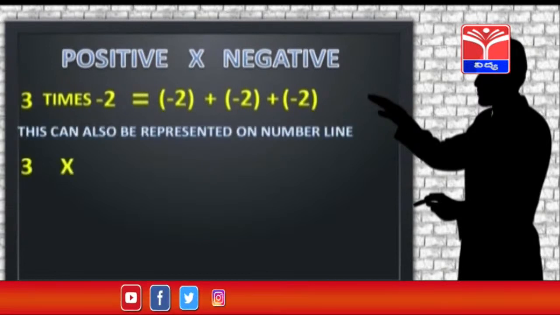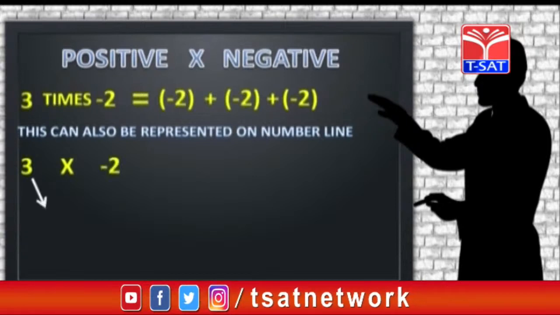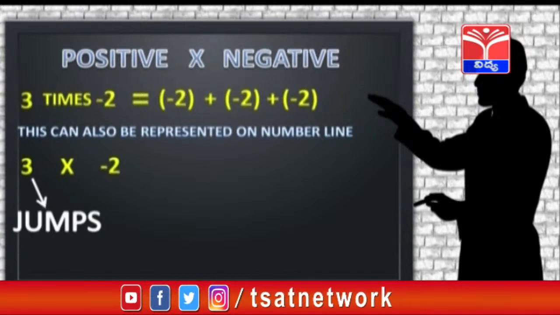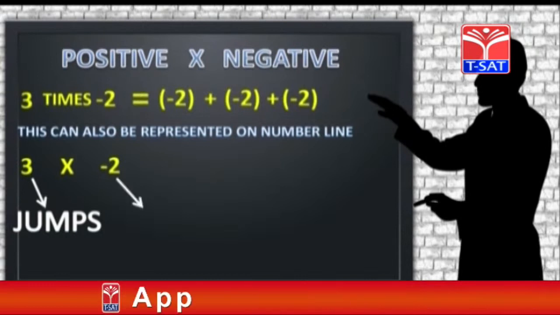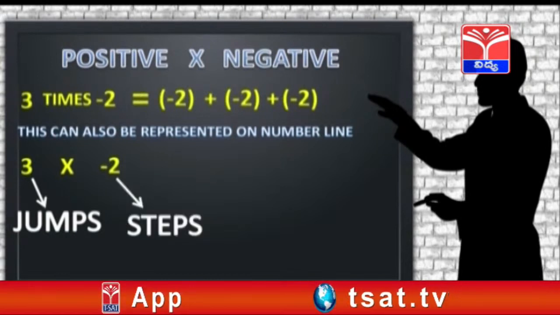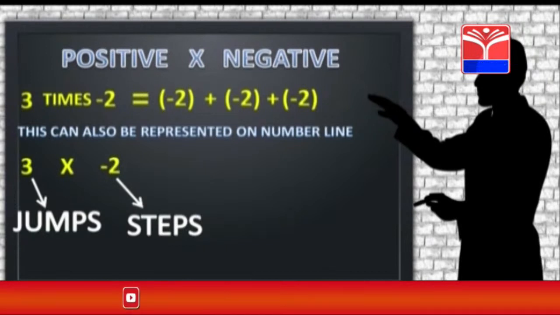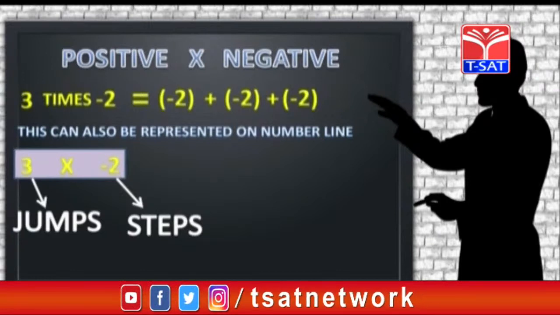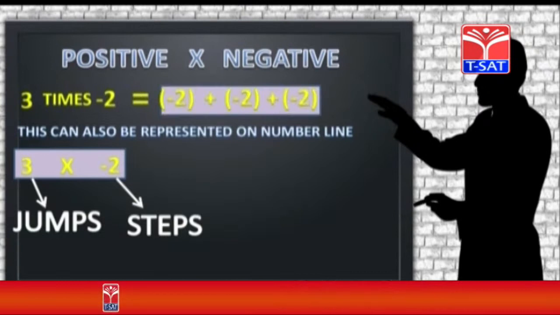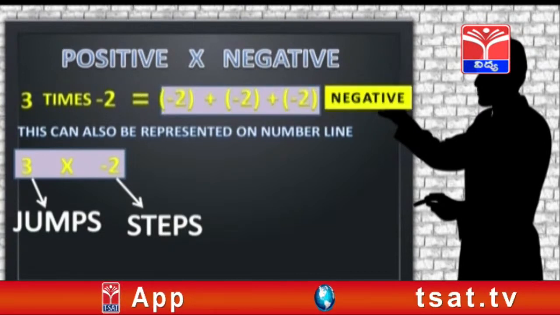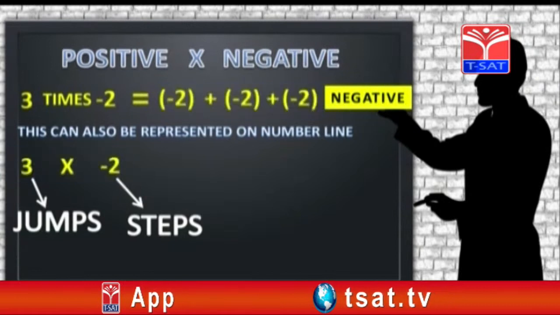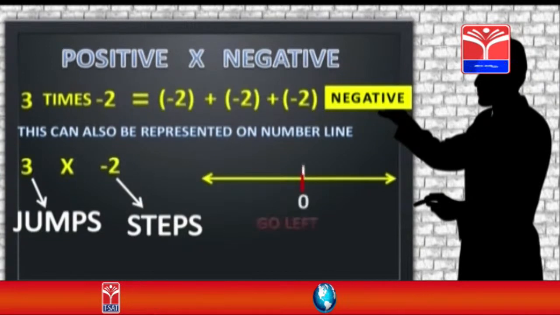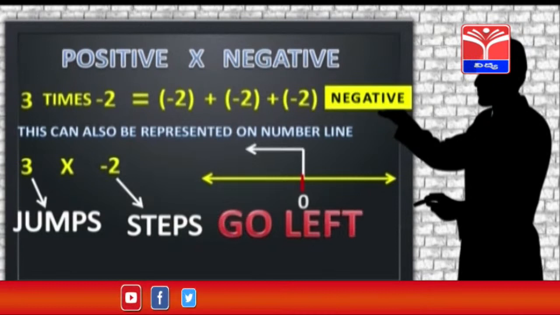In the product 3 into minus 2, 3 represents number of jumps, and in minus 2 the digit 2 represents number of steps, just as similar to the previous type of product. And one more important thing, this is a product of positive into negative, which means sum of 3 negative numbers. This is always negative. So while representing this product on the number line, don't forget we should go towards the left side of 0.